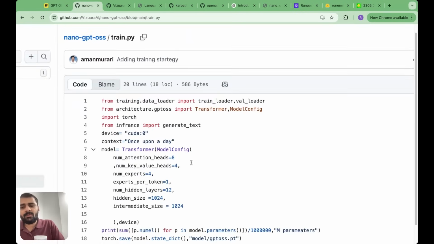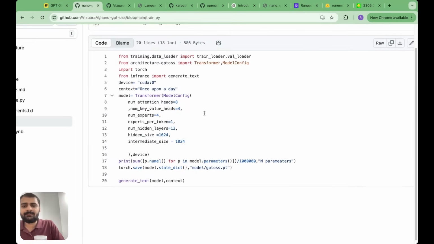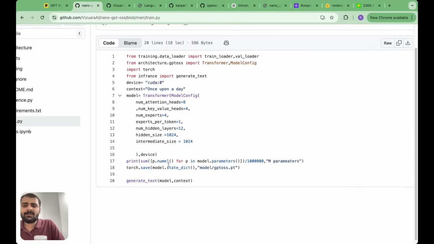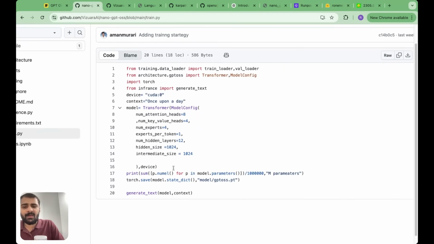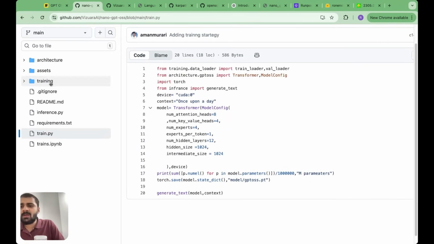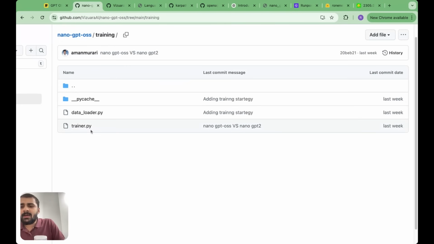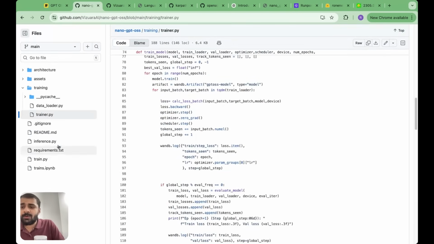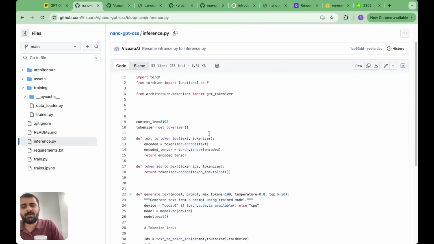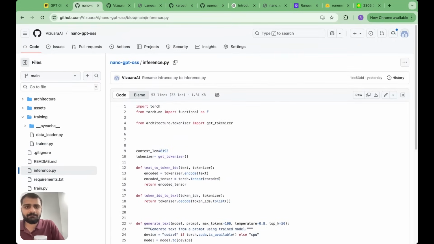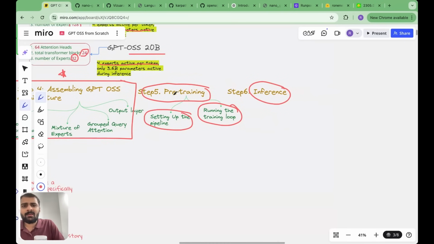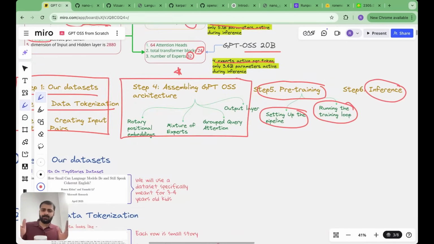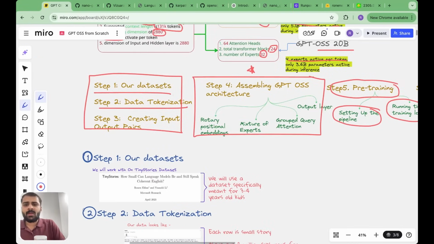So when we are going to train, I'm going to show you this file, which is training.py and trainer.py essentially. And when we are going to do inference, I'll refer to the inference.py. All right, so this is going to be the main skeleton or the architecture of today's lecture.